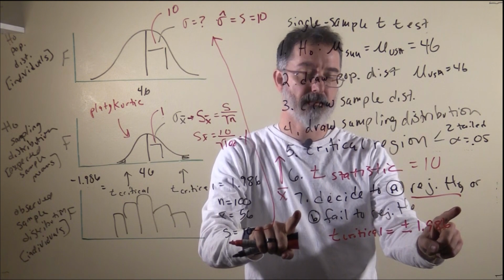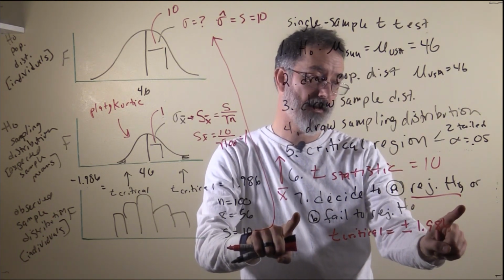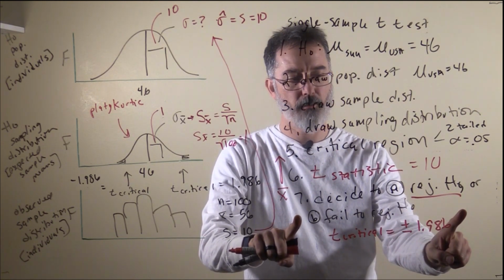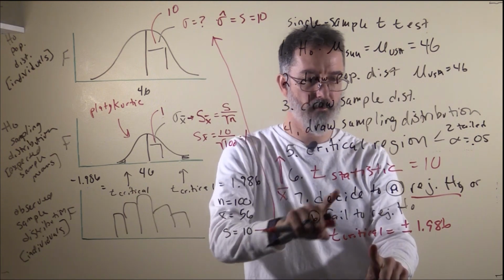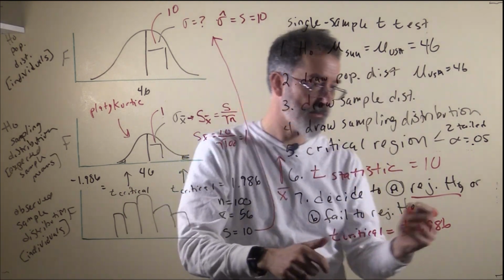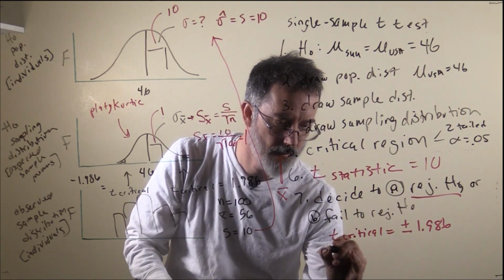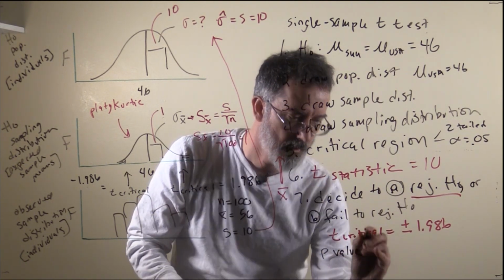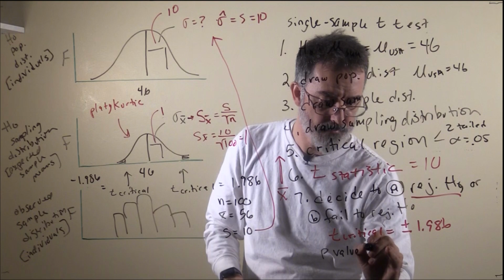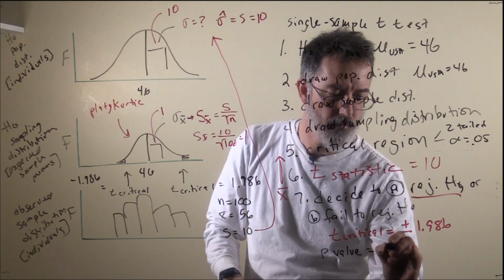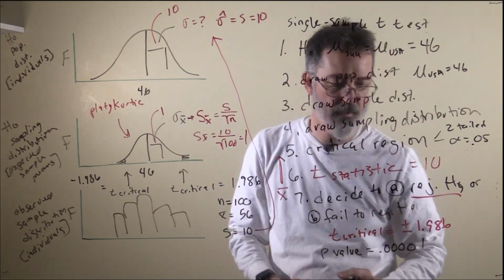If we were going to make this decision using software like SPSS, what we would do instead of comparing our t-critical with our t-statistic is SPSS would tell us a p-value. I don't know what it actually would be in this case, but it would be probably something like that.